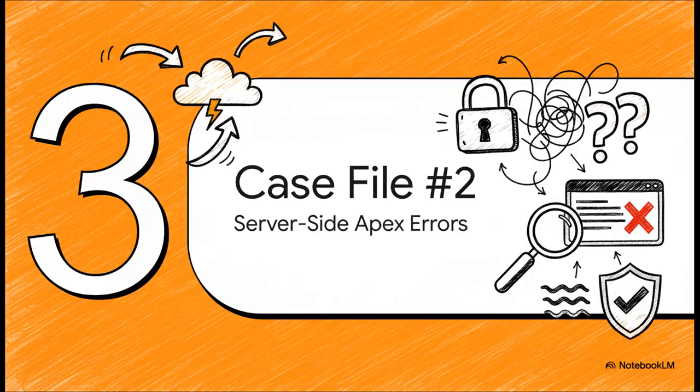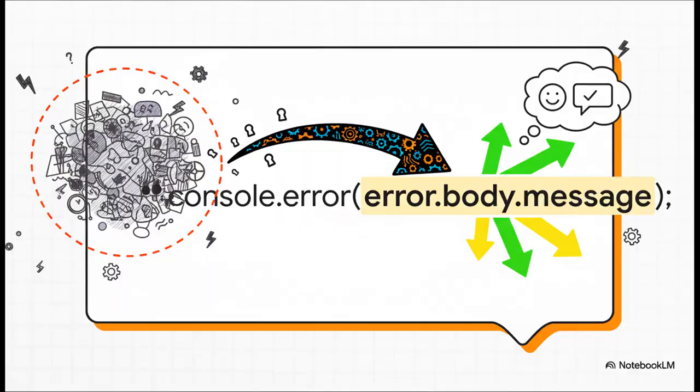Okay, case file number 2. And this one's a little trickier. What do you do when the bug isn't in your JavaScript at all? What if it's coming from your Apex code on the Salesforce server? Now the clues are a little more hidden. Okay, so this right here, this single line of code is the absolute key.